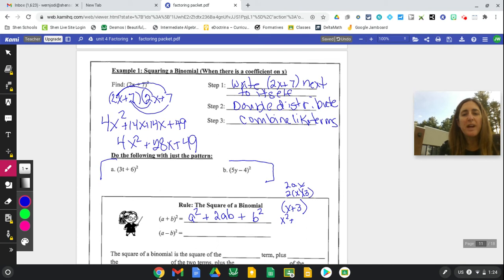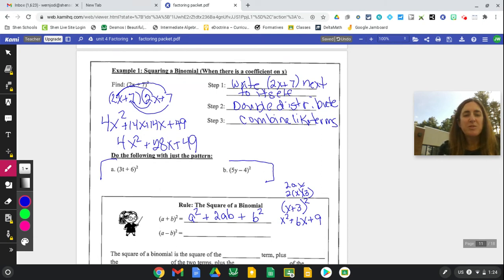And if I multiply those together, I would get 6x. And then if I take my b, which is this 3 in the back, and square it, I get 9. And sure enough, if I had taken that binomial x plus 3 squared and rewrote it twice and done the double distribute method, I would end up with that x squared plus 6x plus 9.